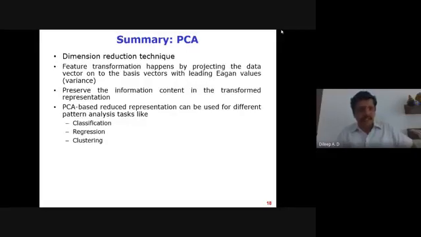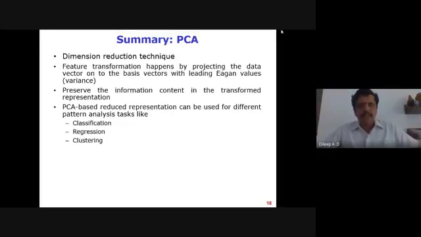Once we do PCA and get the reduced representation, we can use it for different pattern analysis tasks like classification, regression, or clustering. So this is the story about principal component analysis and dimension reduction.